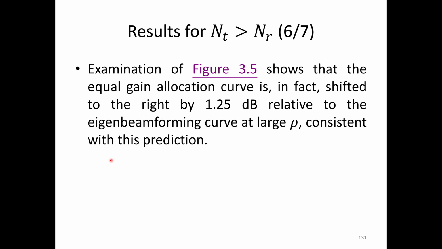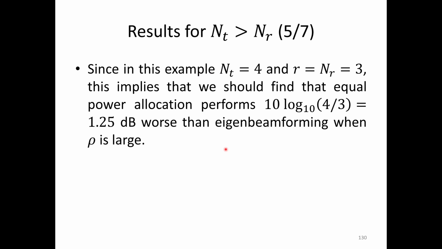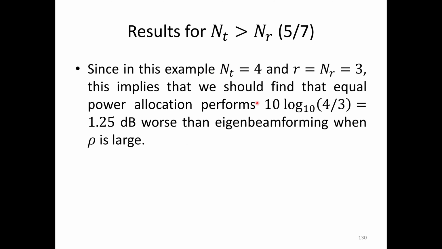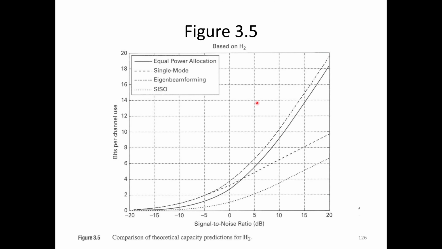Consistent with this prediction, that is the prediction in the previous page, at small SNR, eigenbeam forming becomes equivalent to single mode eigenbeam forming, resulting in the two curves merging in that region. Let us go back to the figure again.